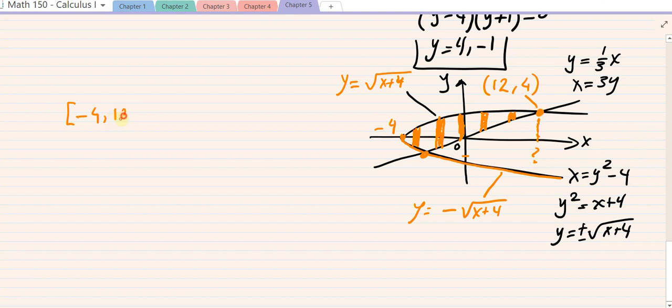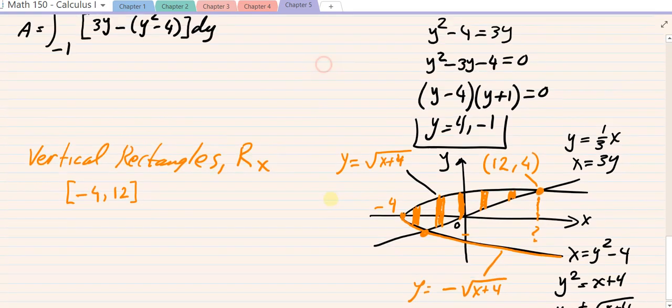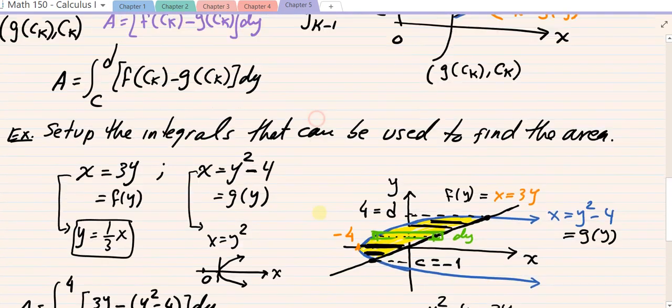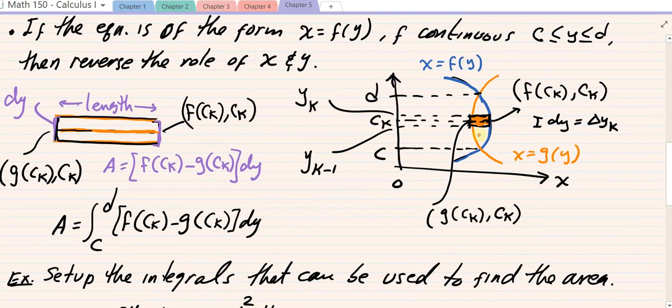So -4 to 12, that's for vertical rectangles. With vertical rectangles, that means we have an Rx region. The region that's above here, by the way, is going to be an Ry region.